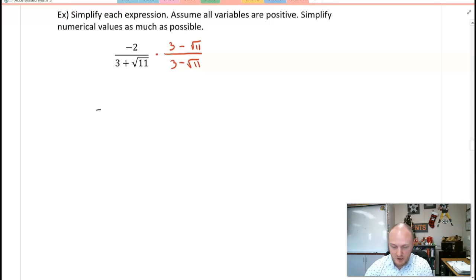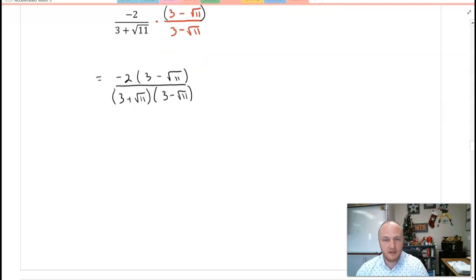Okay, all right, and in the denominator we get negative 2 times 3, which is negative 6, right? We're distributing here. Maybe I want to write that out. Well, yeah, I'll go ahead and write it out, just so you understand. Okay, so then really this becomes a problem like the last lesson.